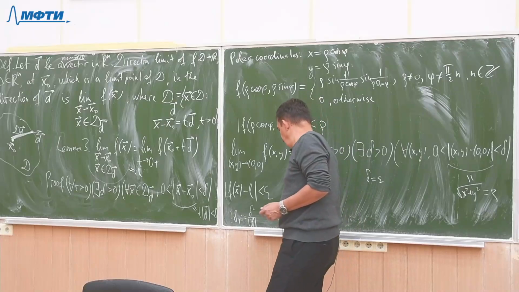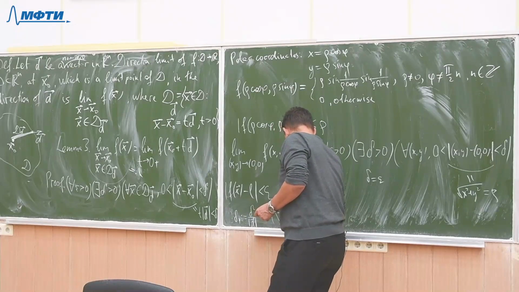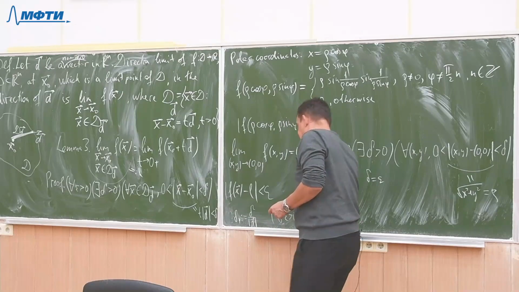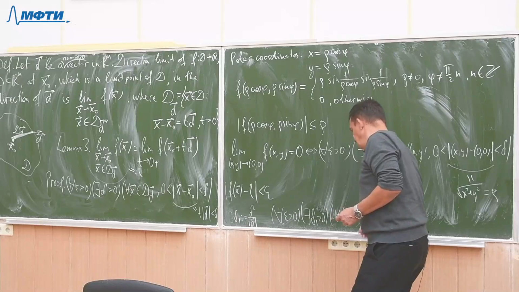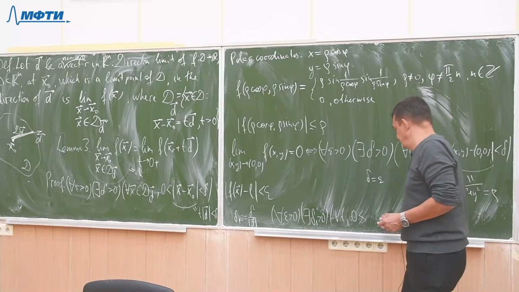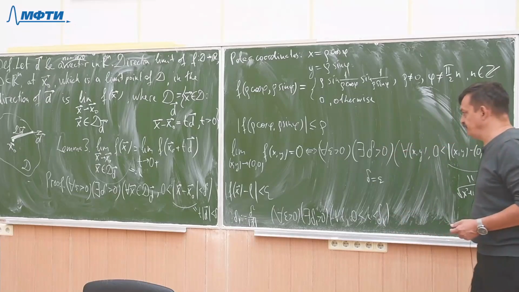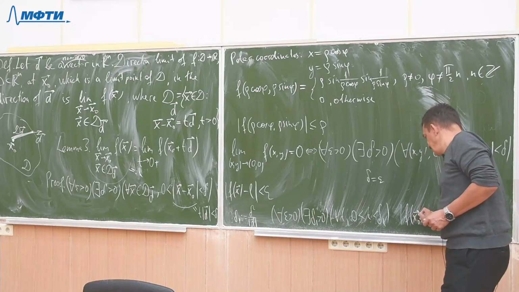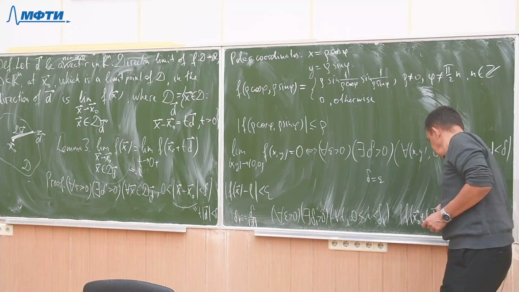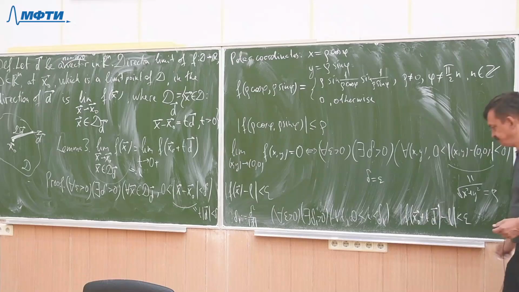For arbitrary epsilon, there exists delta 1 positive such that for all t which are positive and less than delta 1, I have the inequality modulus of f of x naught plus t d minus L less than epsilon.